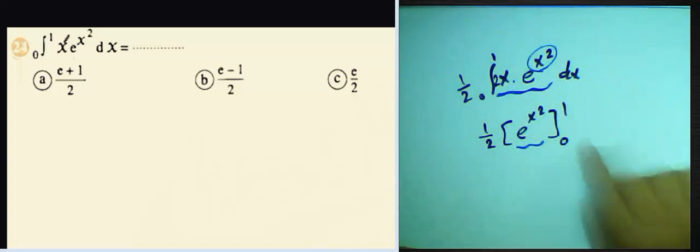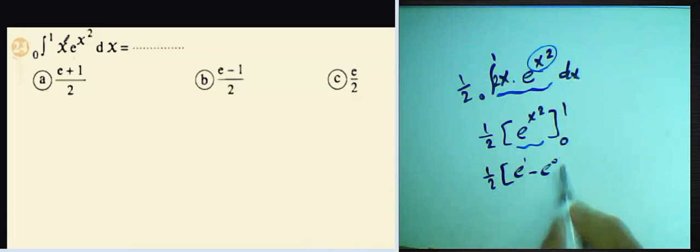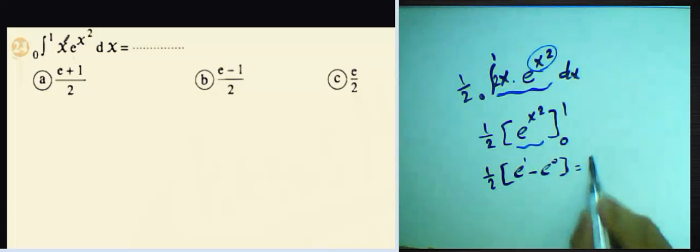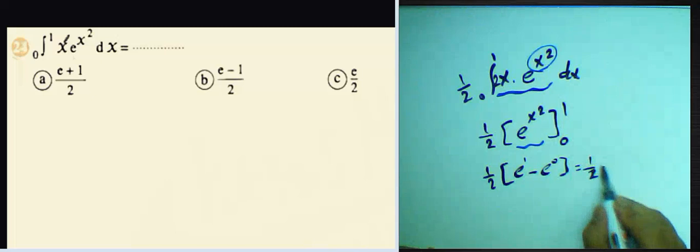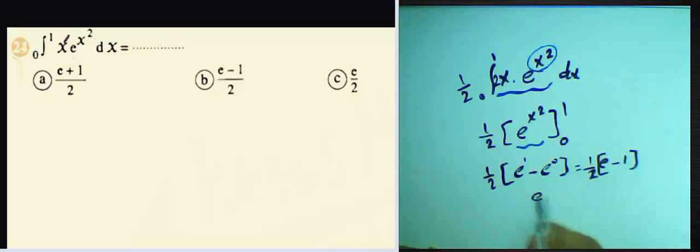And then we can put x equal 1 and 0 in the next step. Write half outside here, e power 1 subtract e power 0. It will be half multiplied by e subtract 1. It will be e minus 1 over 2.